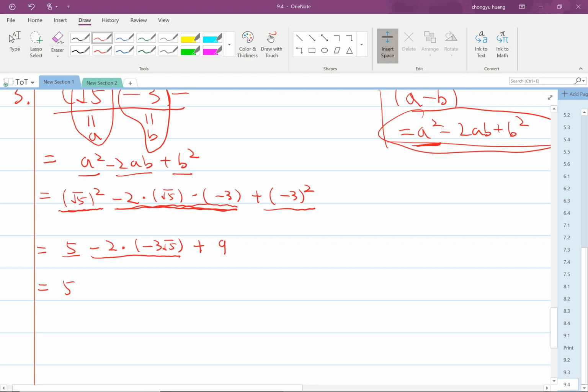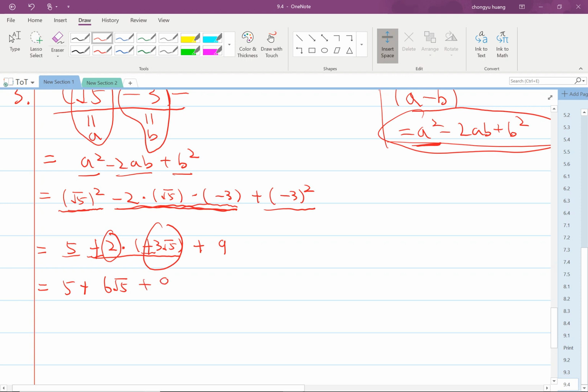As you can see, we have a negative and a negative, so negative and negative become positive, right? Over here we have a negative multiplied by a negative 3 square root of 5, so negative and negative will become positive. Then 2 multiplied by 3 is 6, so 6 square root of 5 plus 9.